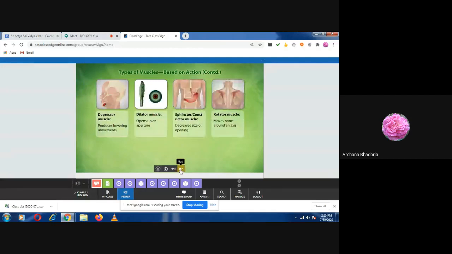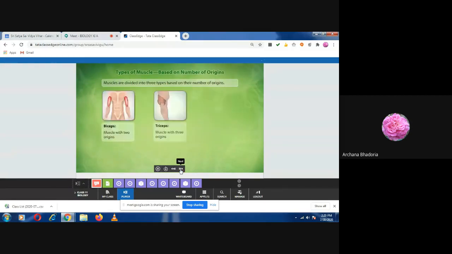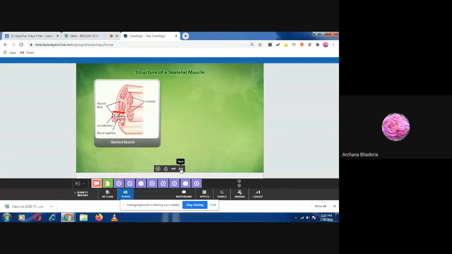And on the basis of action, there are also the depressor muscle, dilator muscle, sphincter muscles, and rotator muscles. This classification you don't have to do. And you have all heard of the number of origins: biceps, triceps, and quadriceps. Biceps and triceps, you have all done.